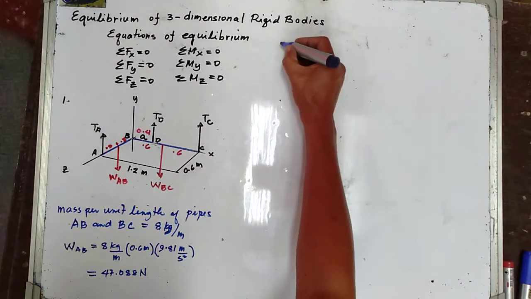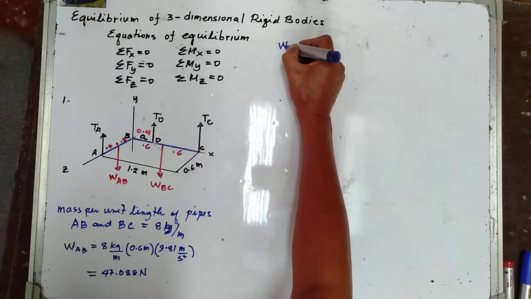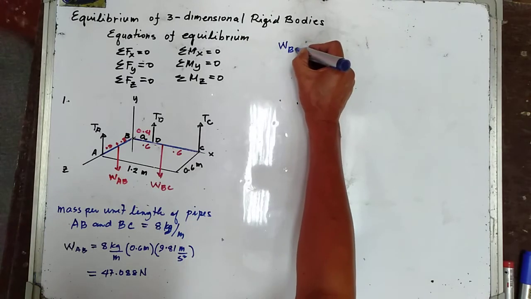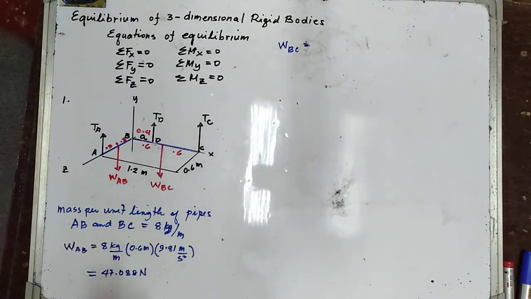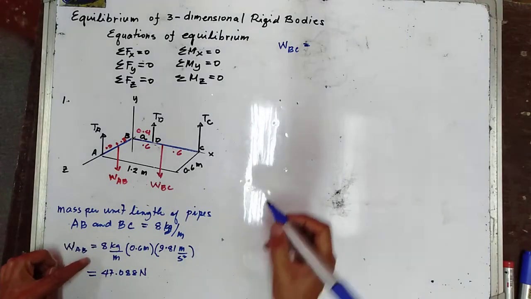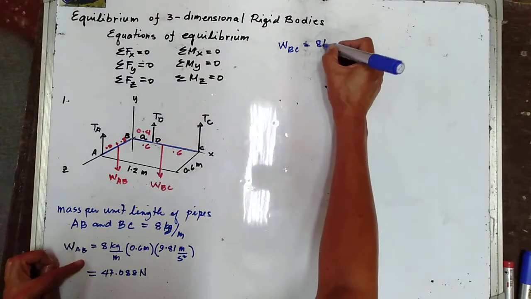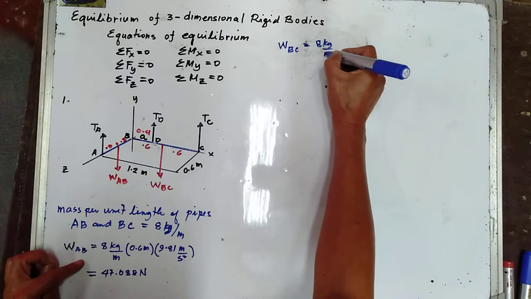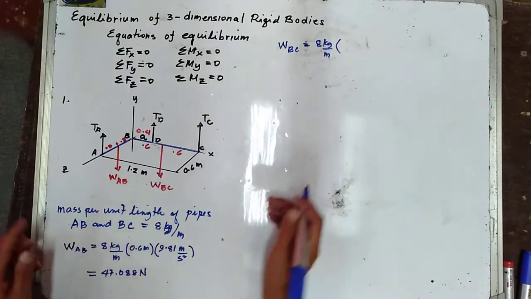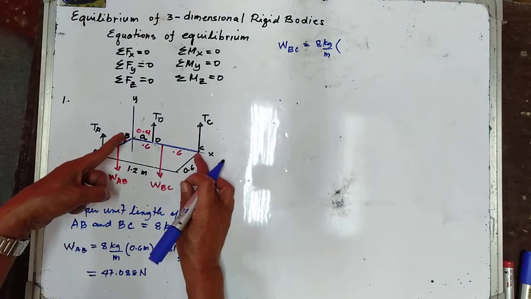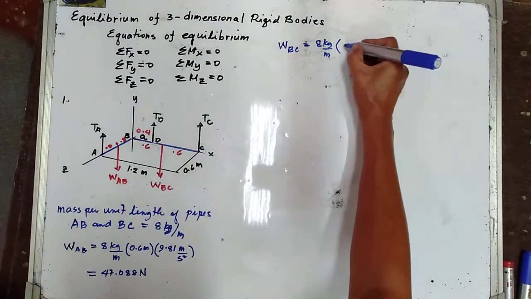Next, let us determine the weight of pipe BC. Again, the weight of pipe BC is 8 kilograms per meter. Multiply this by the length of BC, which is 1.2.